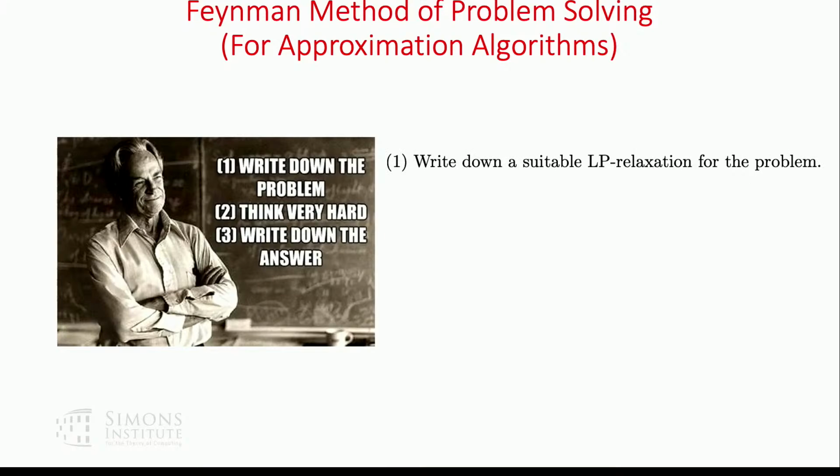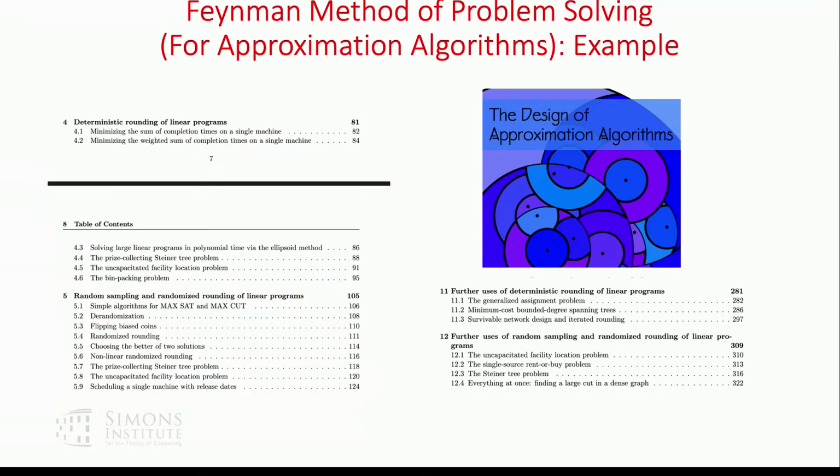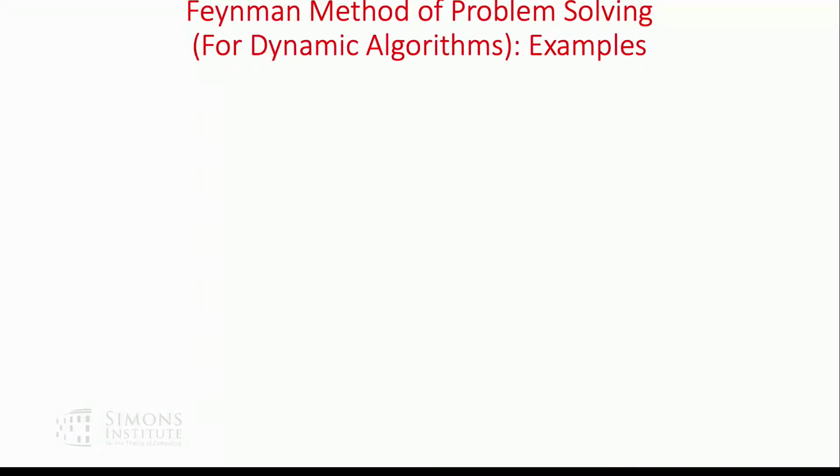Step 1, write down a suitable LP relaxation. Step 2, think very hard. And step 3, write down a good rounding scheme. If you look up any standard textbook on approximation algorithms, there will be several chapters just devoted to this framework. There are examples of this.